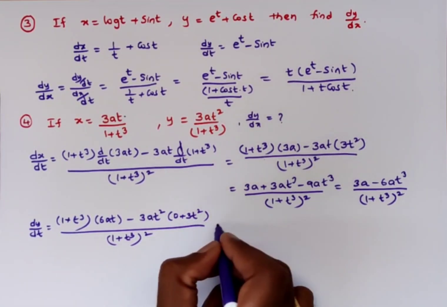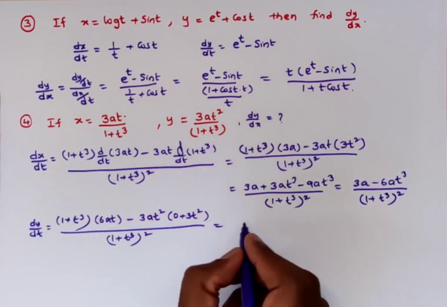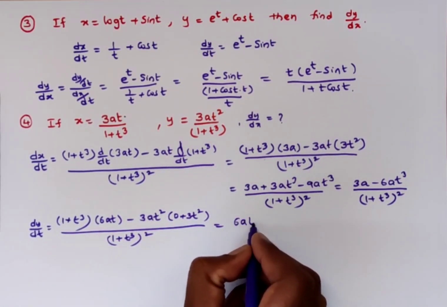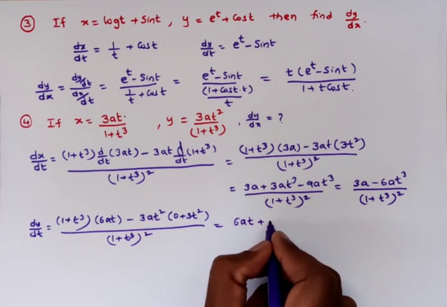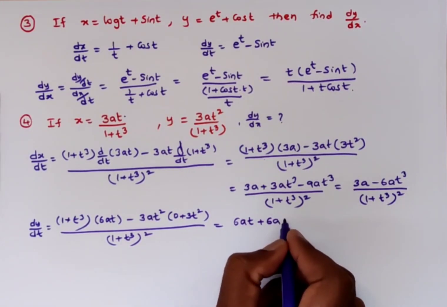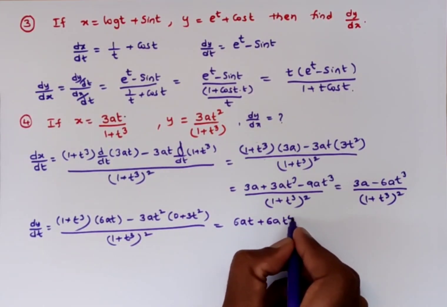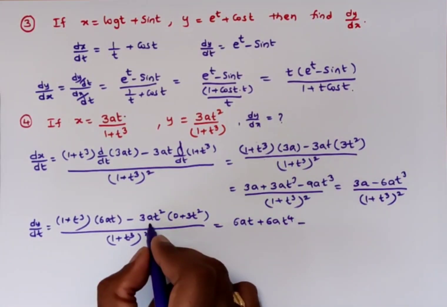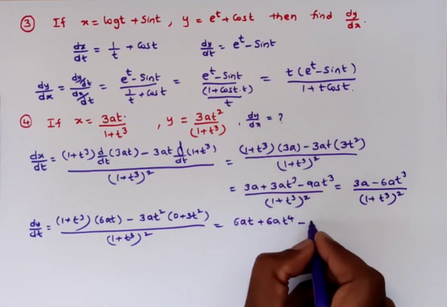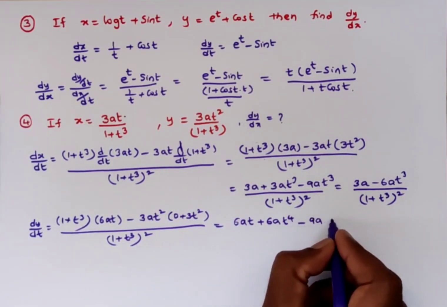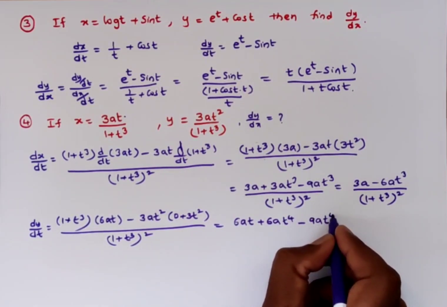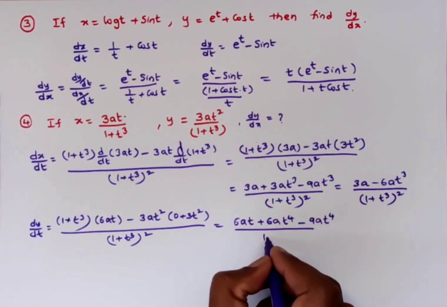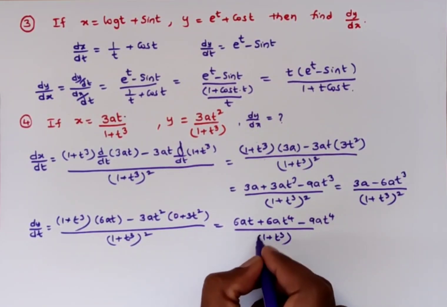Now simplify this. So 6at into 1, this is 6at, plus 6a t to the power of 4, minus 3at square into 3t square. So this is minus 9a t to the power of 4 divided by 1 plus t cube whole square.